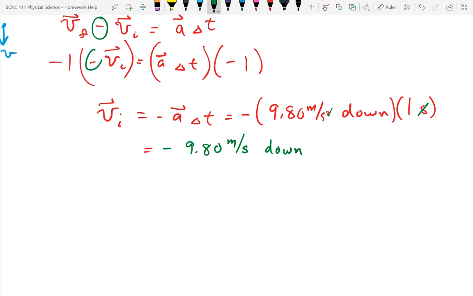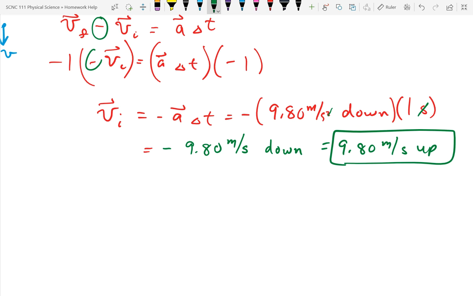Because what direction is minus down? Up. And so it'd be much more comfortable to write equals 9.80 meters per second up. So that's its velocity 1 second before it reaches the peak.